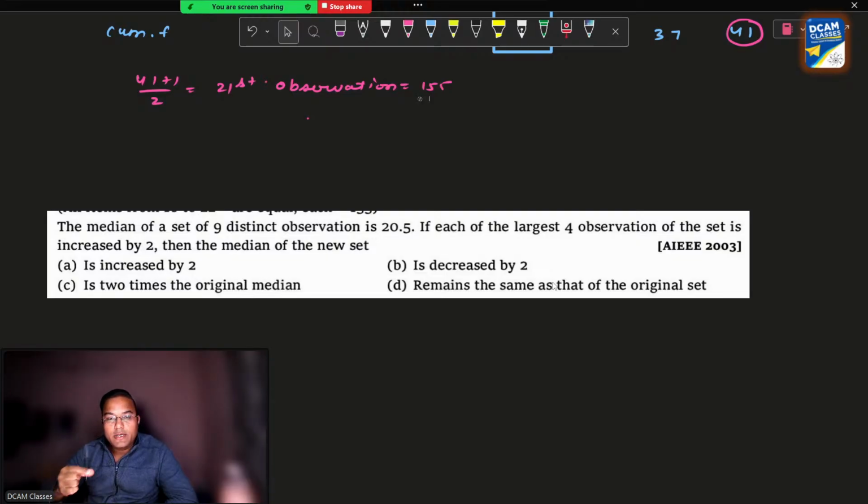The median of a set of 9 observations is 20.5. Each of the largest 4 observations of the set is increased by 2.